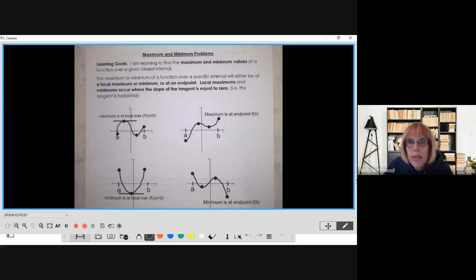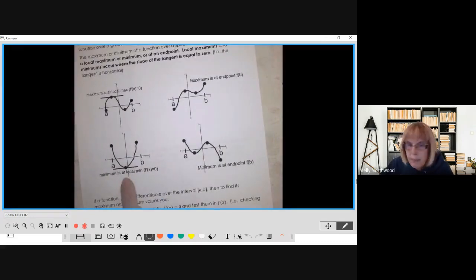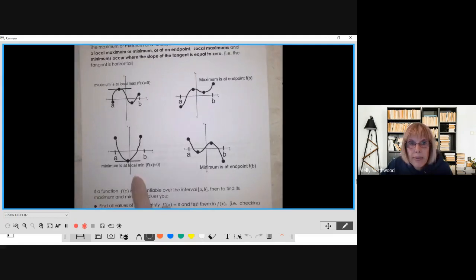Not where the tangent's horizontal, but at one of the endpoints. Same thing for a minimum. In the first case, the minimum value occurs at a local minimum where the tangent's horizontal. And in this case, the minimum over the closed interval occurs at an endpoint, lower than the local minimum. Okay?